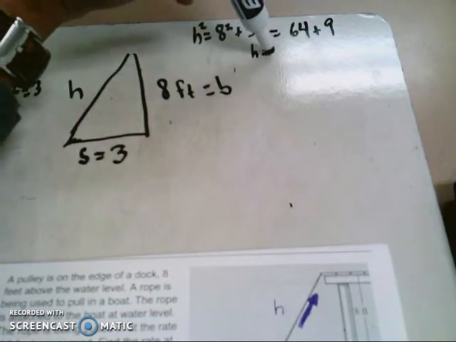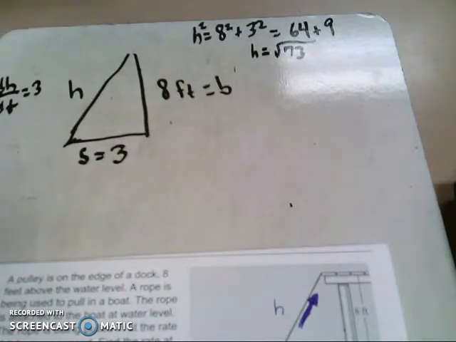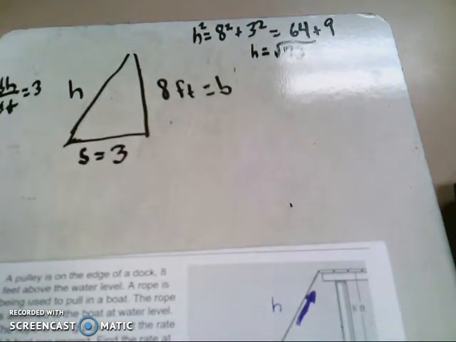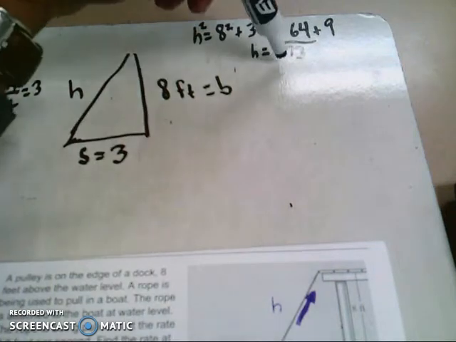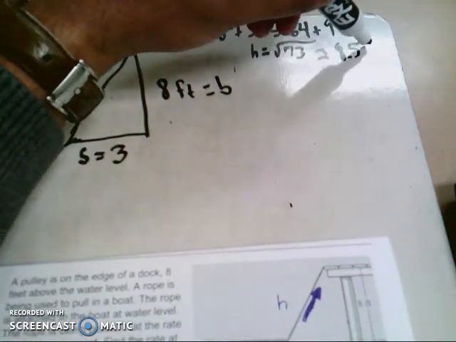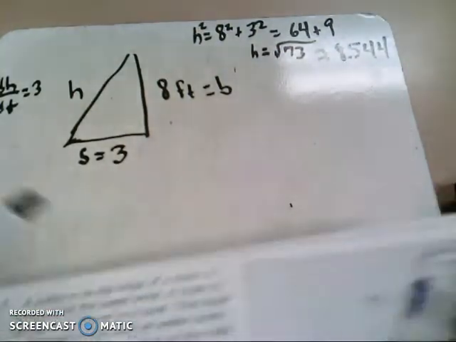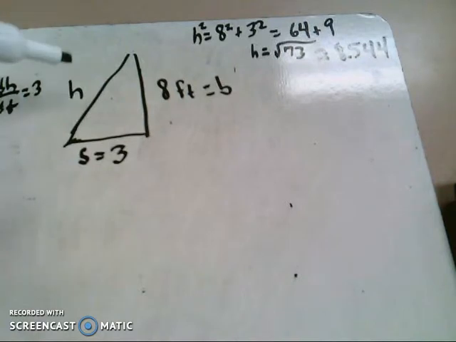So h equals the square root of 73. And the square root of 73 is approximately 8.544. So h is approximately 8.544.